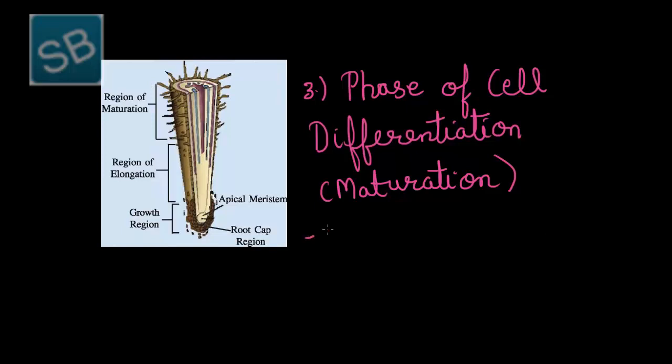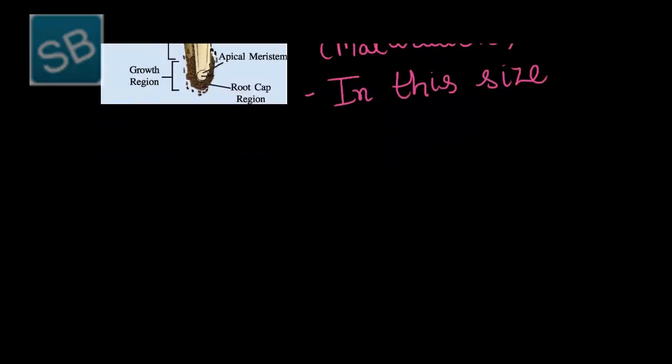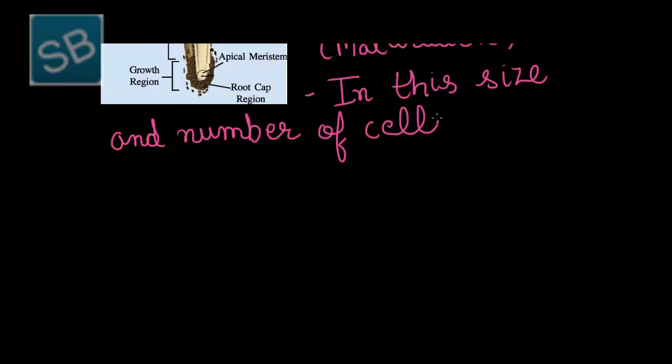In this phase, the size and the number of cells formed in the previous regions remain constant. The number of cells formed due to cell division and the size due to the region of elongation remain constant. That is, there is no further division or elongation of the cells.